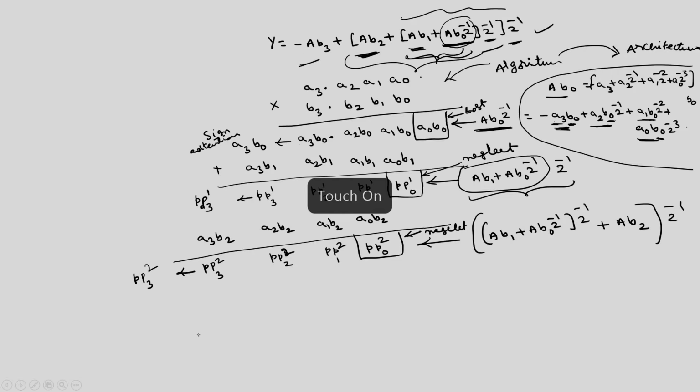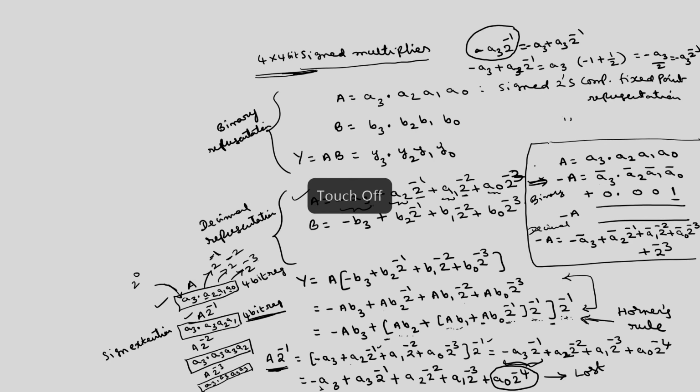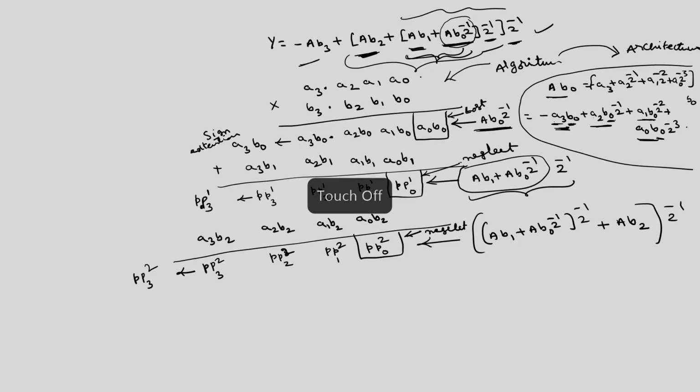We know minus A is, if I know A as this one, minus A is this: minus A3, A2, A1, A0 plus you will get one extra term called 2 raised to the power of minus 3. So, what will be minus A b3? It is A0 bar B3, A1 bar B3, A2 bar B3, A3 bar B3, because of 2's complement.